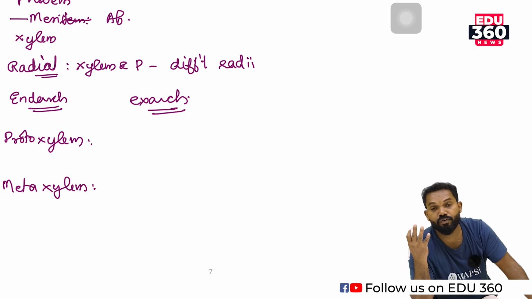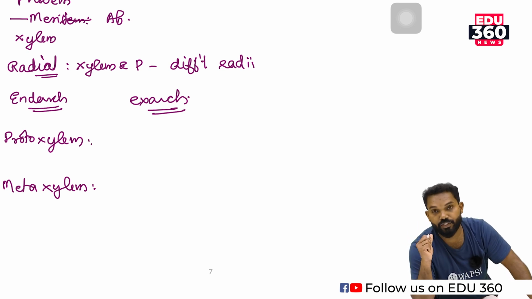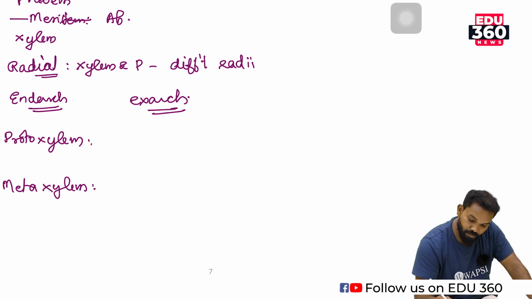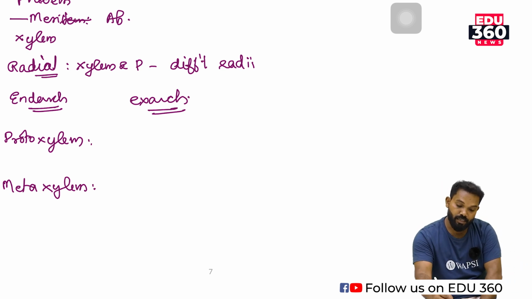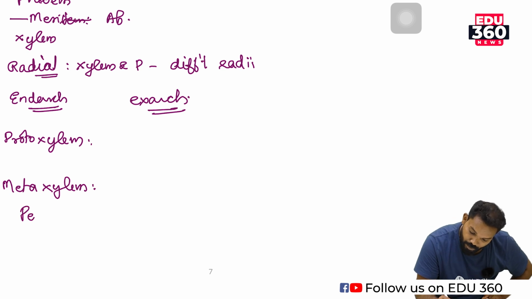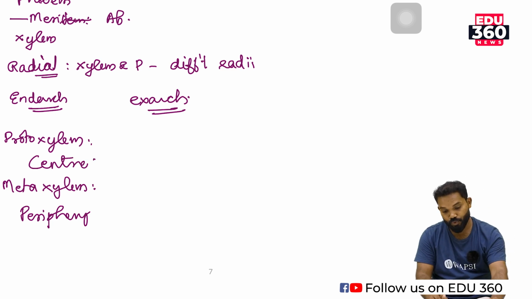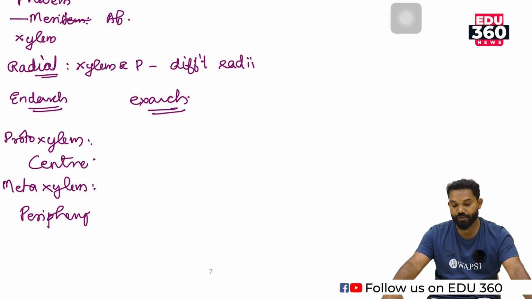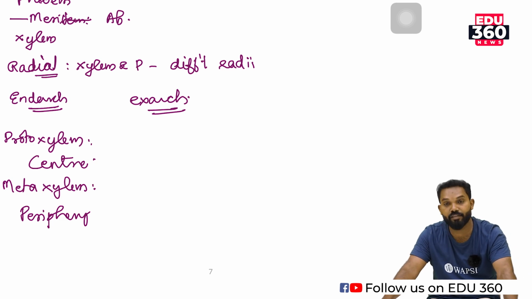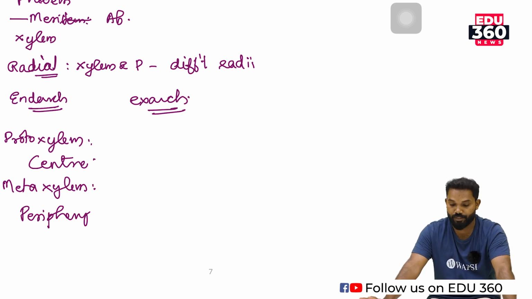Metaxylem is the later formed xylem having a large cavity. In an endarch condition, metaxylem is towards the periphery and protoxylem towards the center.